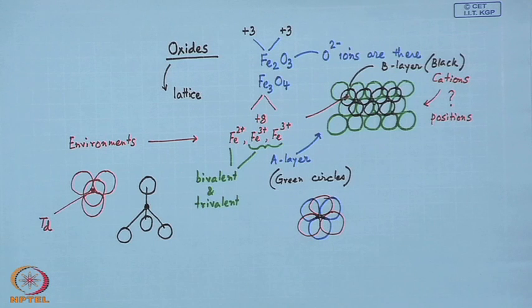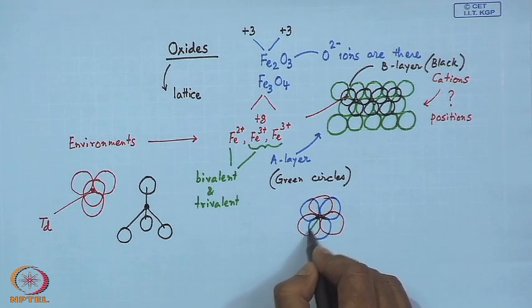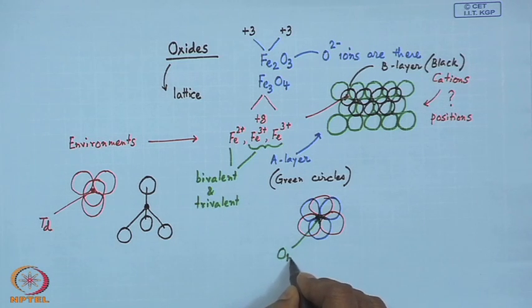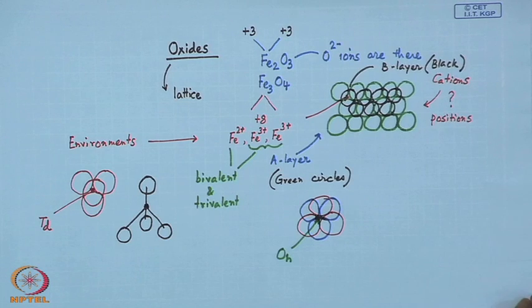So, if we have these 2 layers of spheres arranged one after another, it will generate a new type of hole, which can now be labeled as the corresponding octahedral hole.